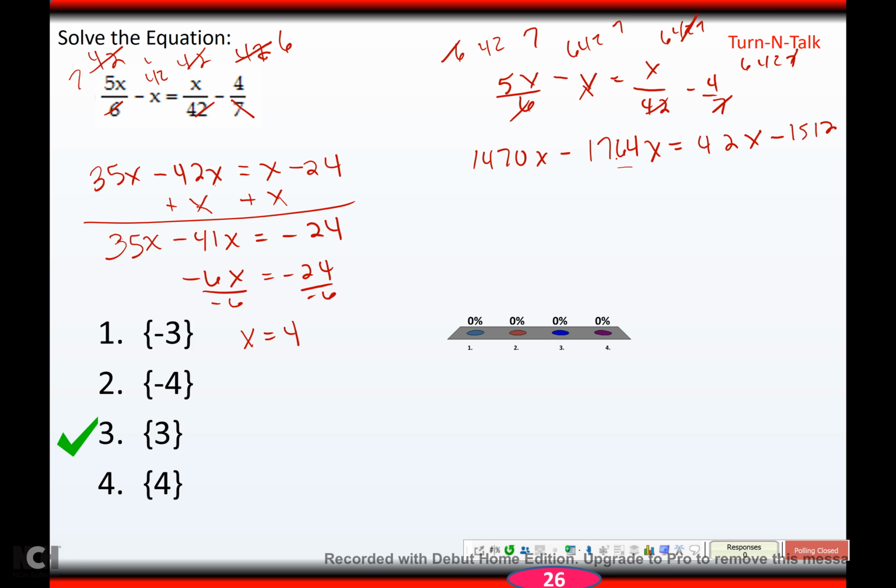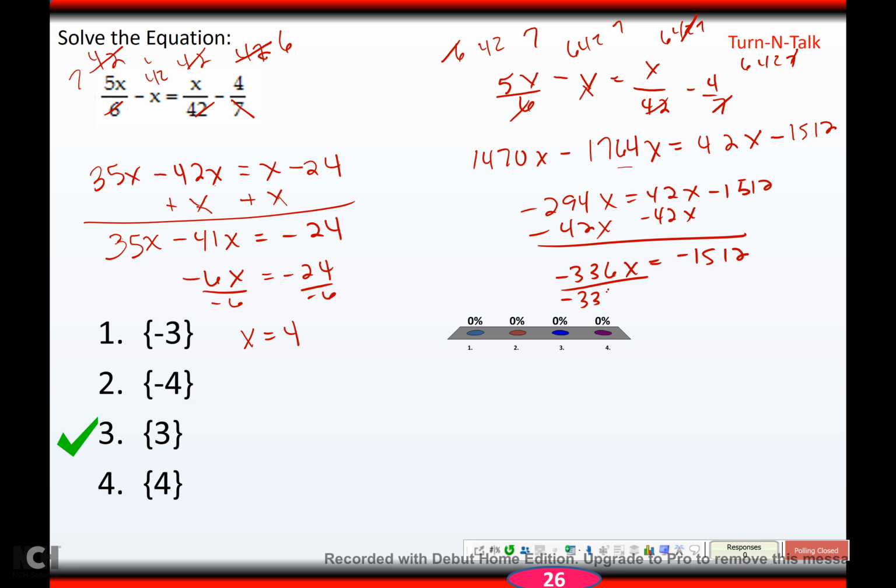Alright, so let's do these two first. 1470 minus 1764, I get negative 294x equals 42x minus 1512. Subtract 42x, and I get negative 294 minus 42 is negative 336x equals negative 1512.